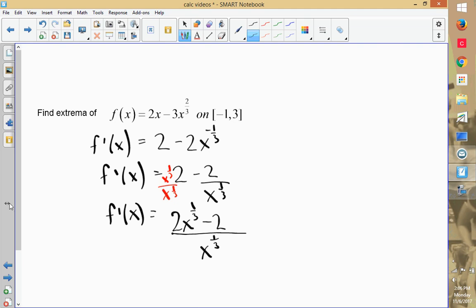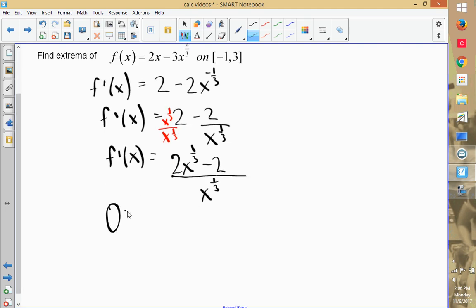The reason I want that is so that I'm ready to find my critical numbers. My critical numbers, where I have a horizontal tangent, are going to be when my numerator is equal to 0. And I have another critical number when my denominator is equal to 0. I'm not going to notice that if I don't have my fraction combined into one big fraction. So I have two critical numbers.